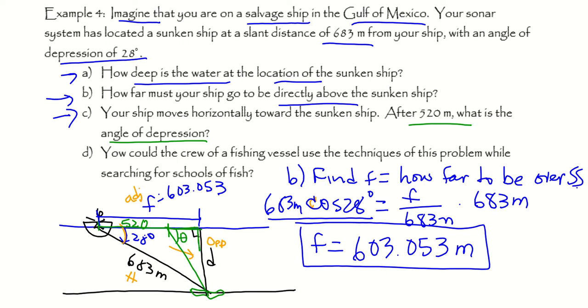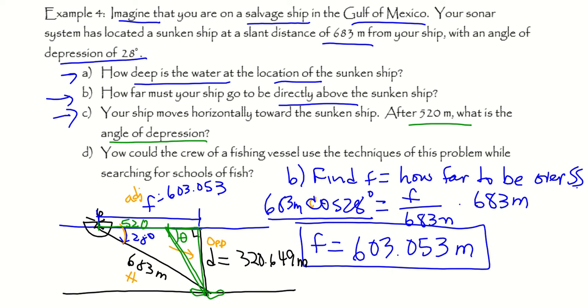Now if we focus on this triangle, we know the opposite side. We found that in part A, that opposite side is 320.649 meters.